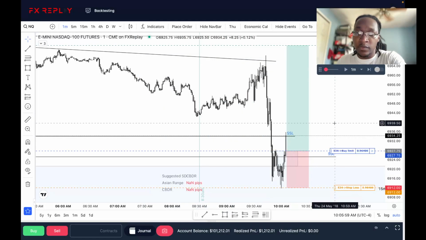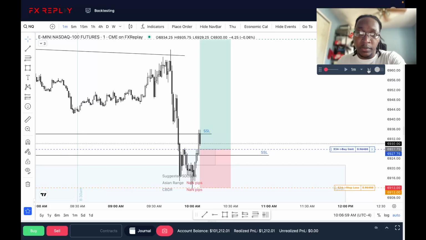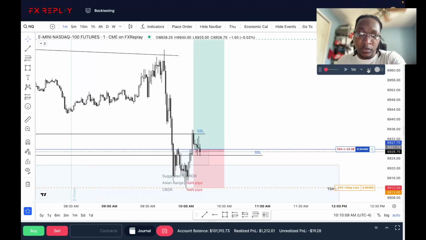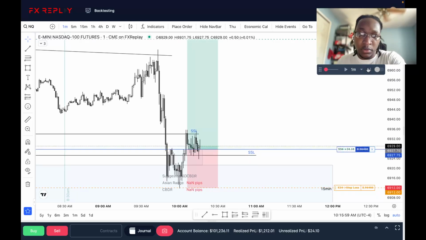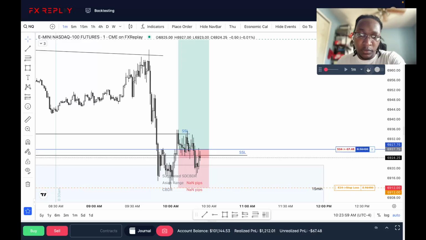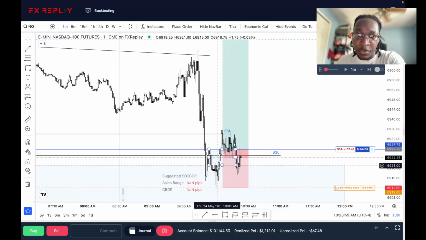So just to test things out. Let's see what we do here. 1 minute, we get tapped in. The breaker should hold. Get into slight drawdown, tapping this order block here.